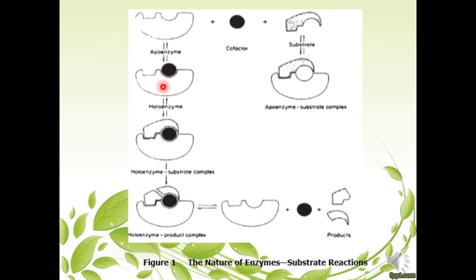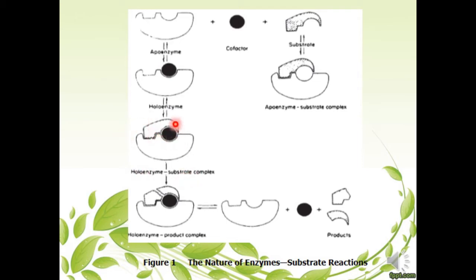This is figure 1 showing the reaction of enzyme and substrate. You have the apoenzyme here, the protein part of enzyme, with a cofactor, a non-protein part of enzyme, when joined together, forming a complete holoenzyme. And then a substrate with the right shape, you see here, will form a holoenzyme-substrate complex.